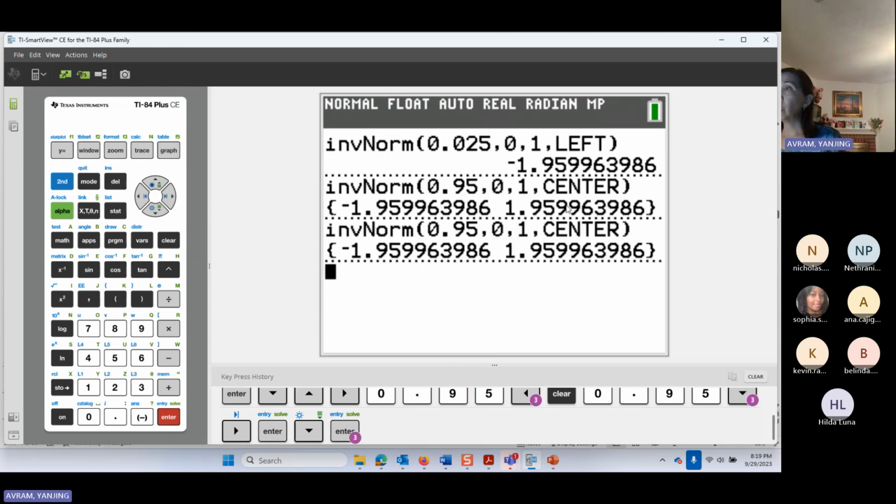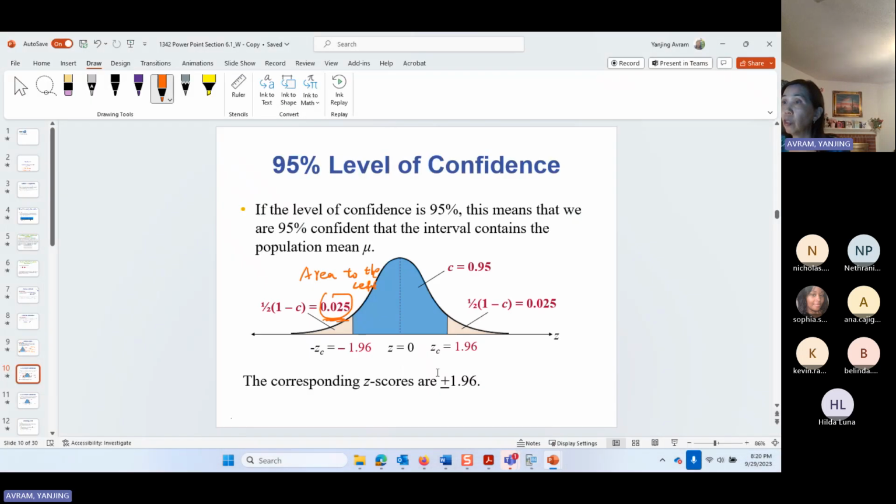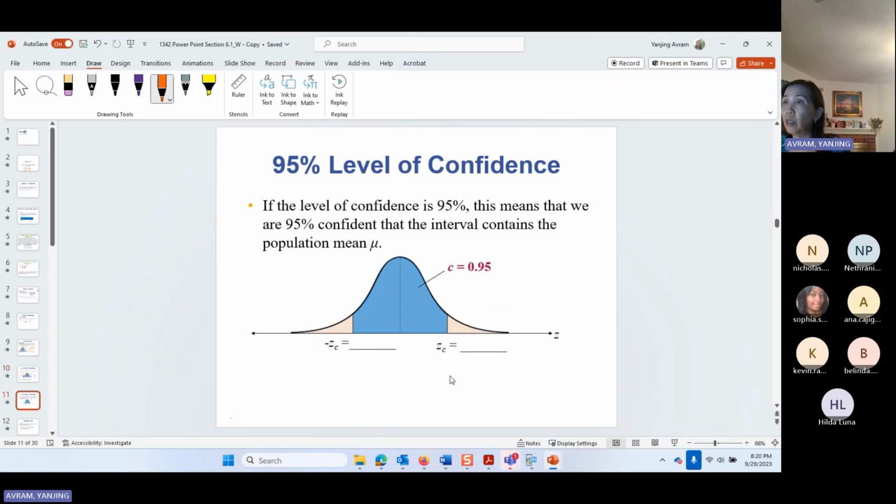Look at this one right here. I put this in the center, and now it gives you one negative and one positive, both exactly the same number. The left side Z-score is negative, the right side is positive, and they're exactly the same. That's another way to look at what we call a critical value. We're going to talk a little more about critical values later.